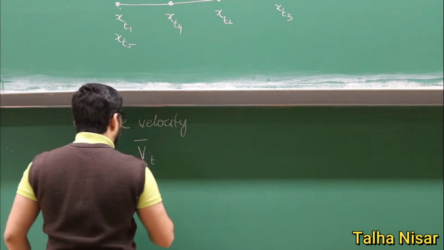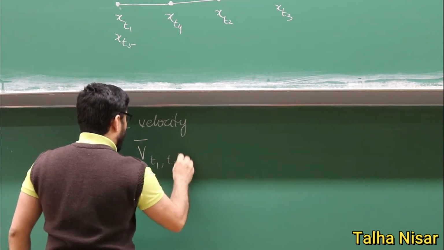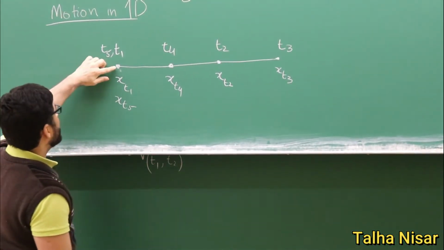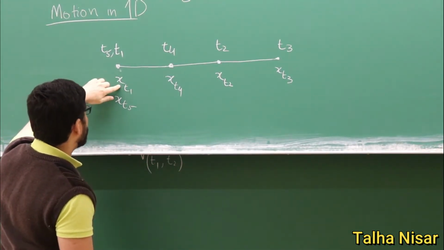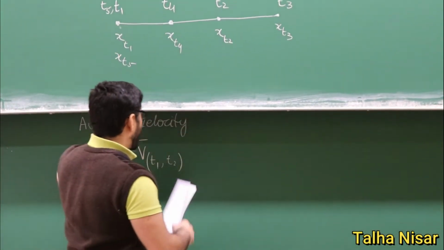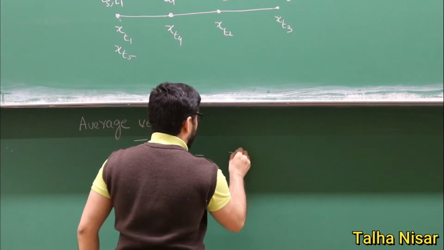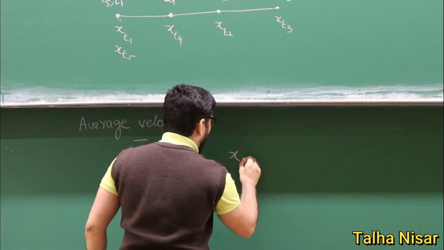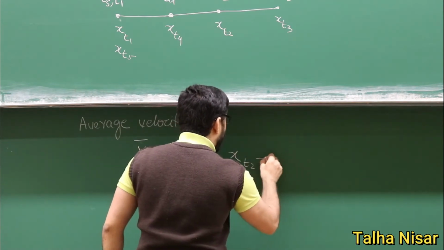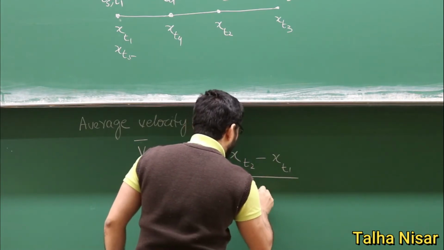Now we want to know what is the average velocity between time t1 and time t2. At time t1 the object was here, the position was x at t1, and x at t2. The definition of the velocity is the change of the position, or the change of the displacement. So x at t2 minus x at t1, divided by t2 minus t1.